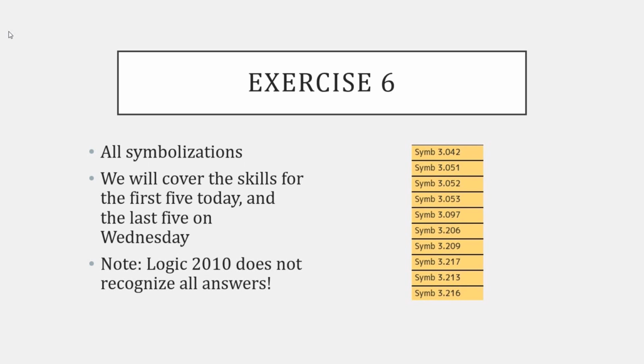If that happens to you, if you're like, look, I just cannot figure out a way in which this is wrong, try a logically equivalent version of it. Try something that says the same thing, but in a different symbolization. Get on Quarkus and we'll talk about it. We'll try to figure out what's going wrong. Sorry about that. It's just the limits of the program. A human being has to type in which are the logically equivalent versions.